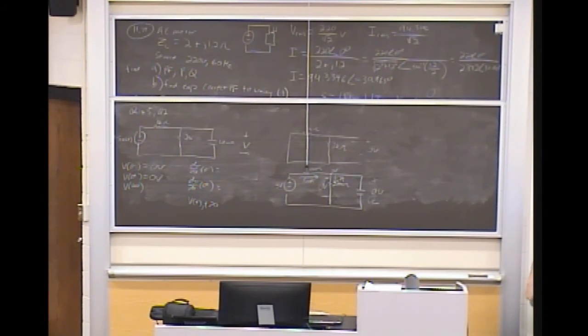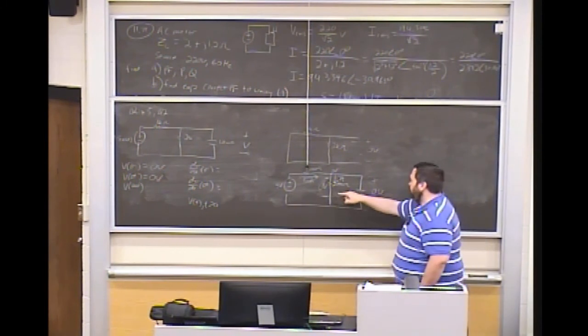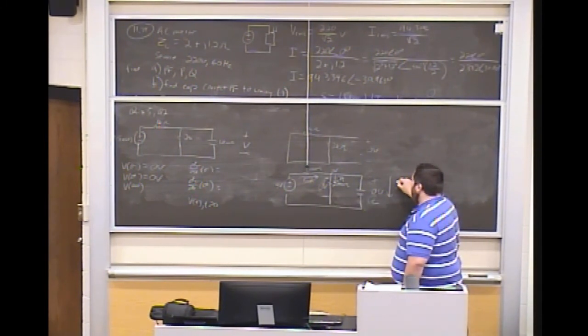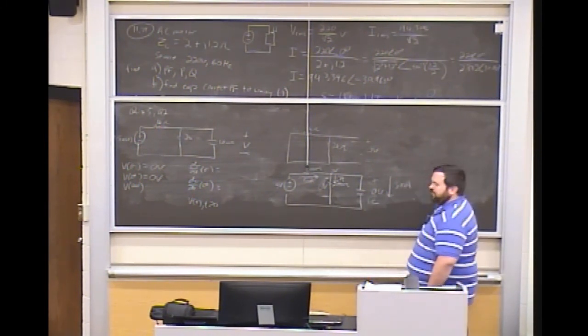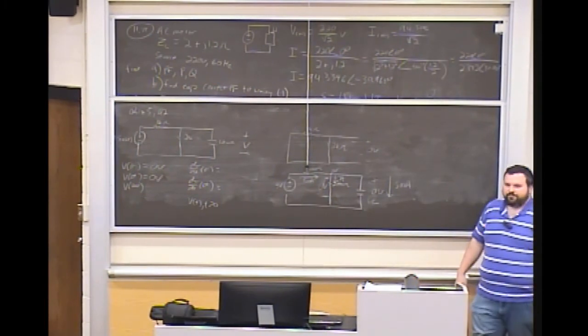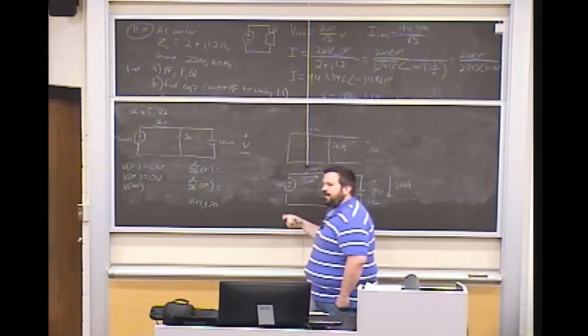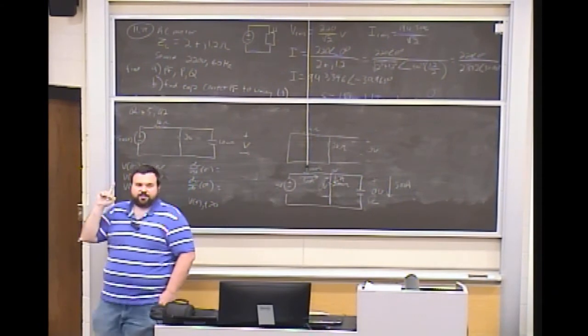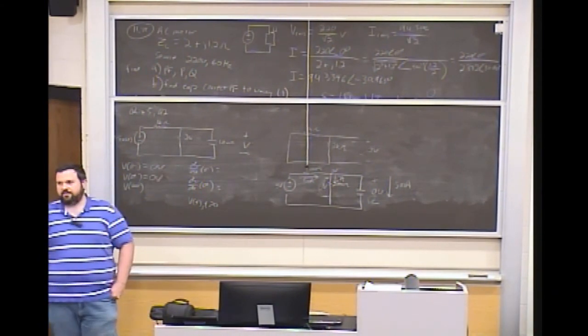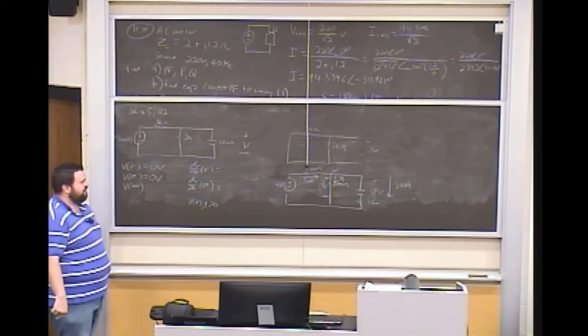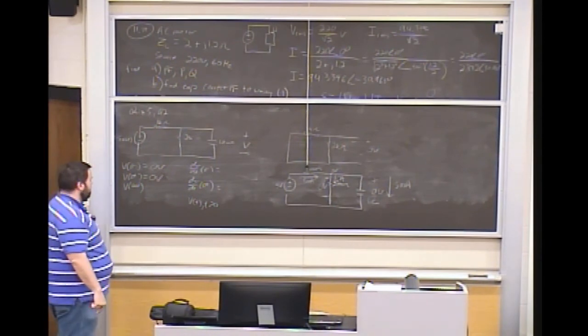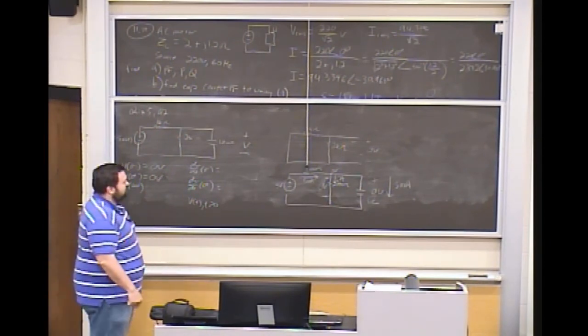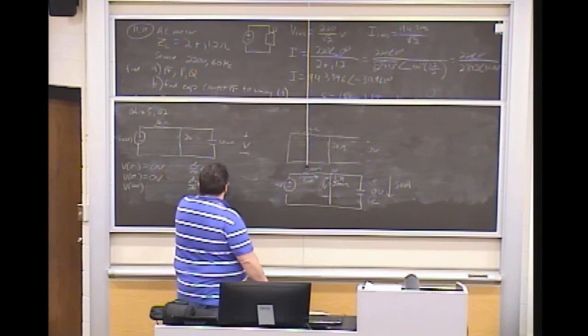Where does all of that current go? We just said none of it can go here. Now it's all got to go through the capacitor. Capacitors can have a stepwise current change. They cannot have a stepwise voltage change. And so, what does that mean right here?